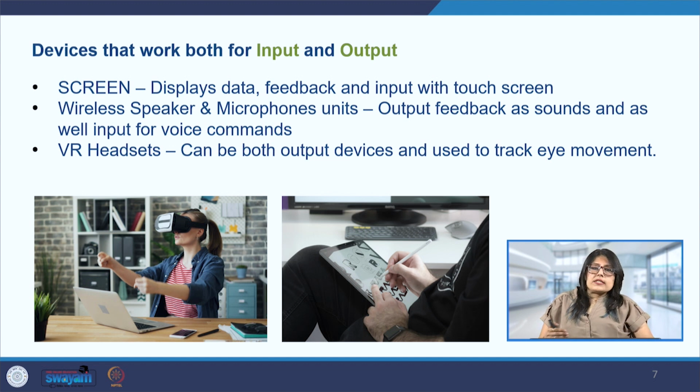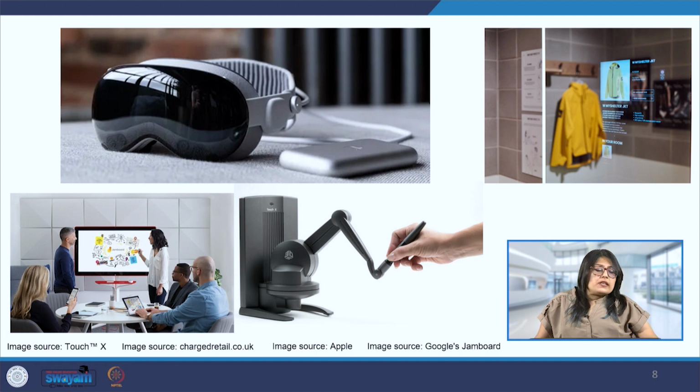Like we've already seen in the previous few slides, smartphones and tablets are good examples of this type of device. The other devices are haptic devices, where users can provide input by touching, pressing, or manipulating the device. And these devices provide tactile feedback, like vibration or pressure that can be felt by the user.